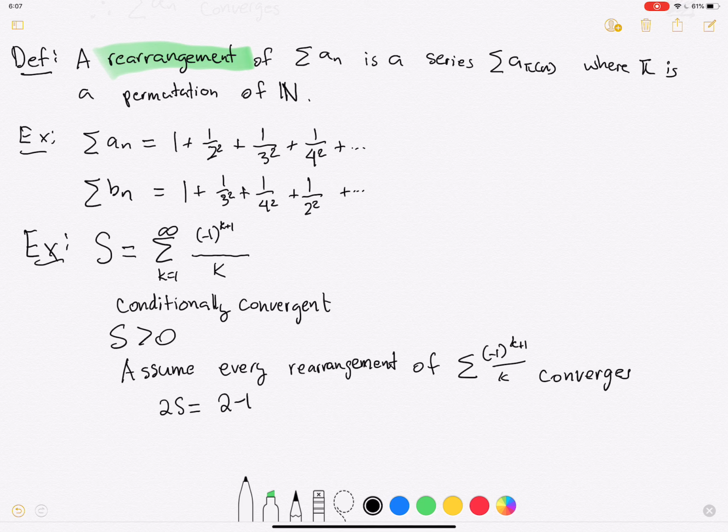It's equal to 2 minus 1 plus 2/3 minus 1/2 plus 2/5 minus 1/3 plus 2/7 minus 1/4, and so on. So these are grouped together, and these are grouped together, and so on.